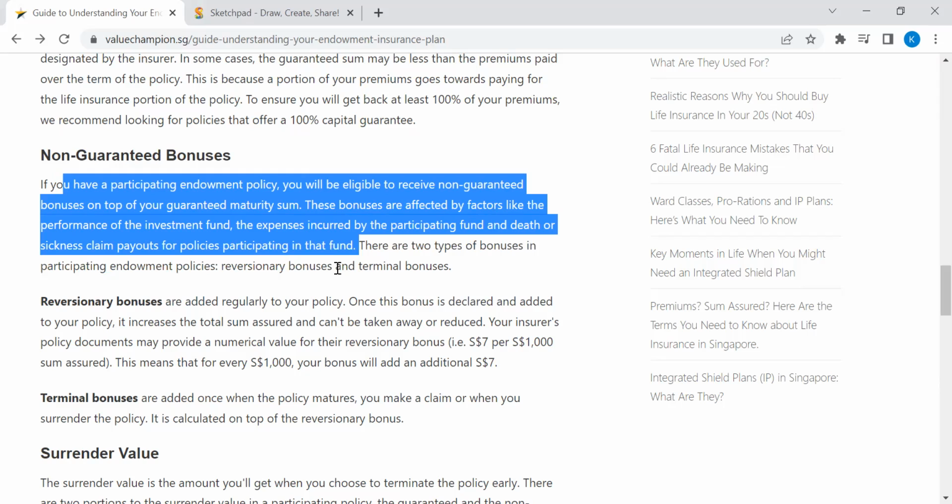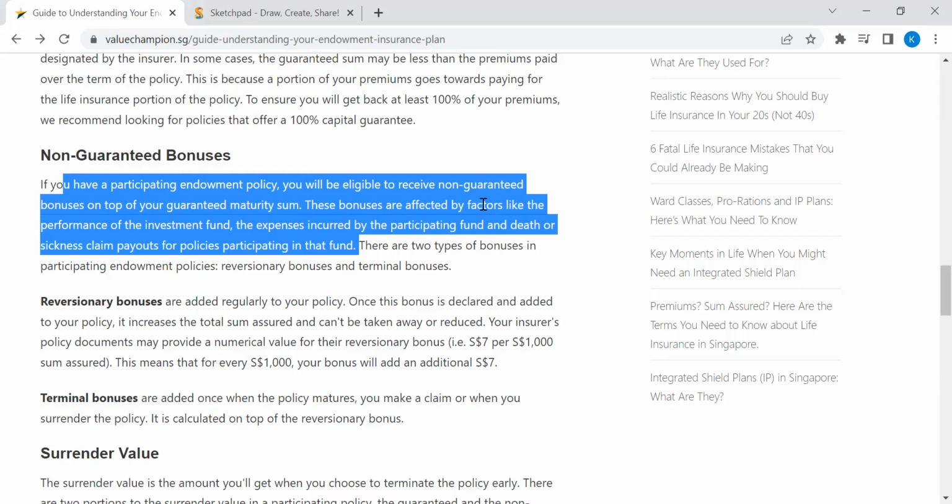So they listed three factors: performance of the investment fund and expenses incurred by the participating fund. These two are the primary factors. Actually, you can sum that up as one factor, because performance of the fund minus the expenses is related to your fund performance and how lean your fund is.